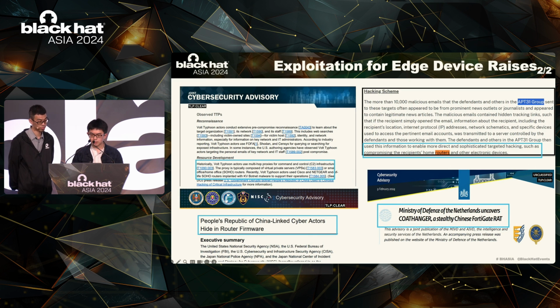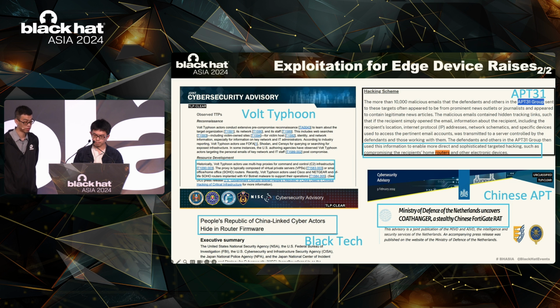I will start from this slide, a list of security advisories published by various government entities around the globe, warning about notorious Chinese APT actors. That includes CISA's warning about Volt Typhoon, the FBI's indictment of APT31, Japanese police warning about BlackTech exploiting Cisco routers, or the Netherlands government reporting about some Chinese APT exploiting some edge device in an attempt to infiltrate their military entities.